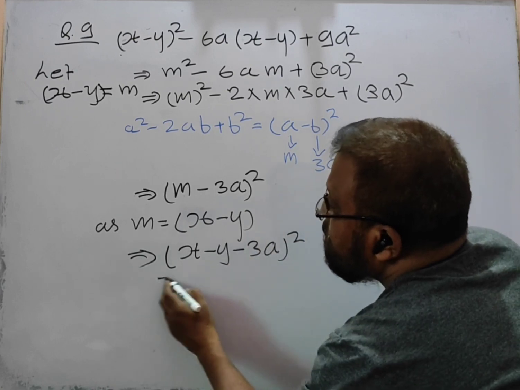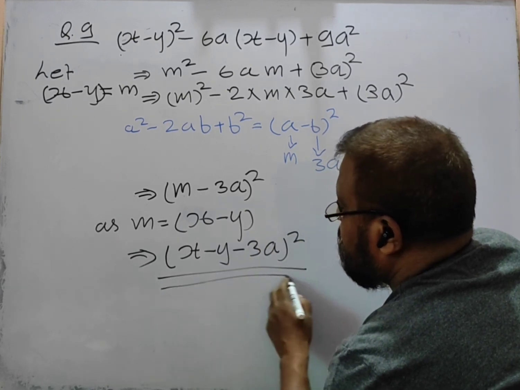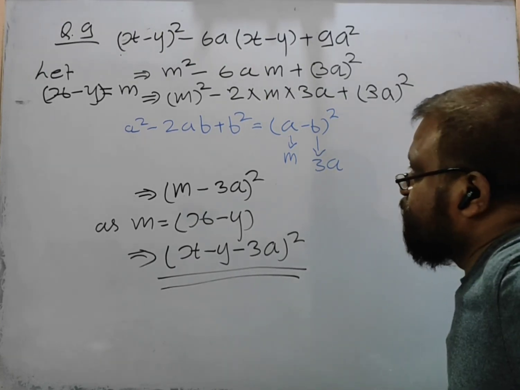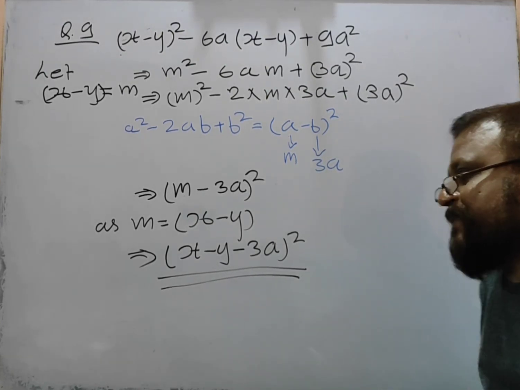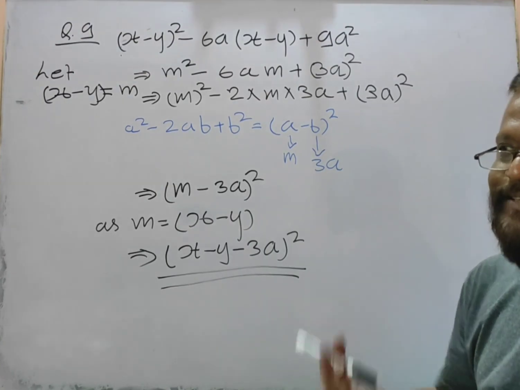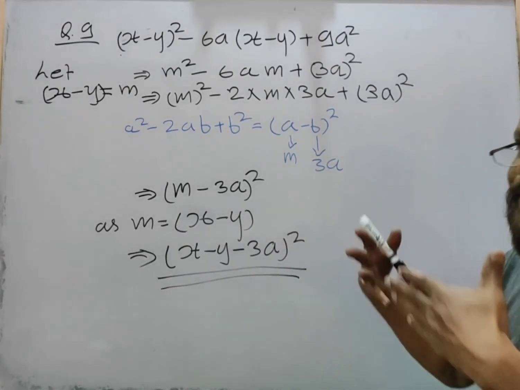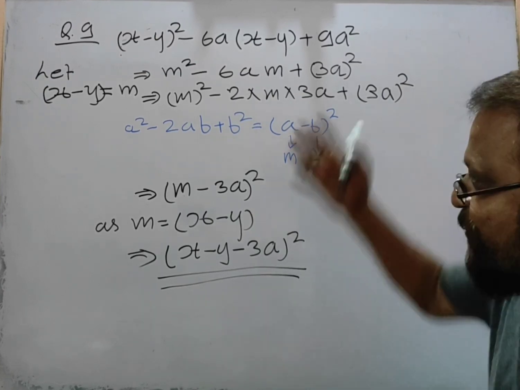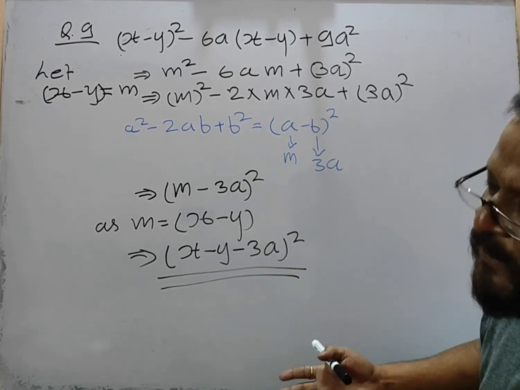This is your solution. Actually, now you understand the concept, so it seems to be easy. Otherwise, things are the same. What I did in the first question and in this question, things are the same.